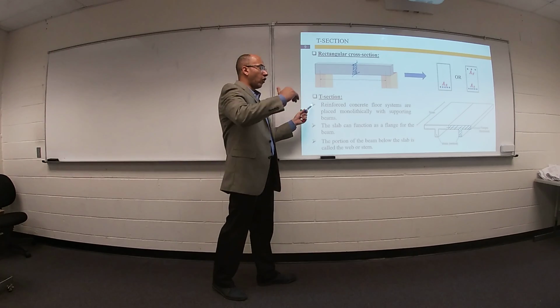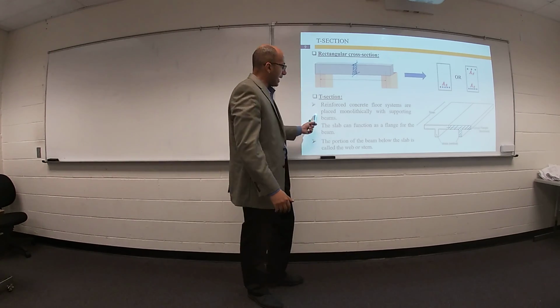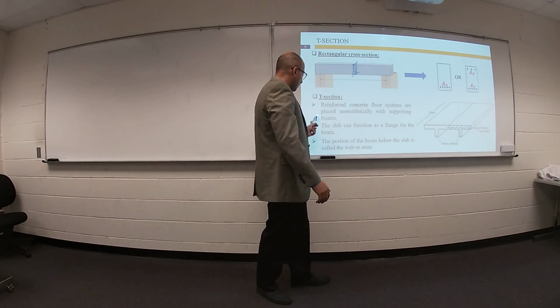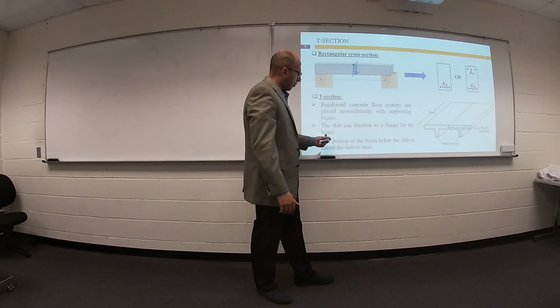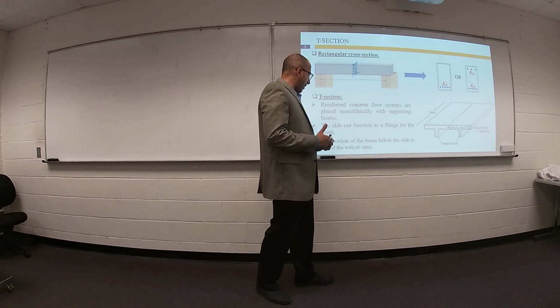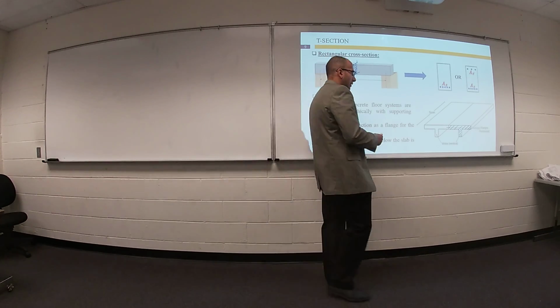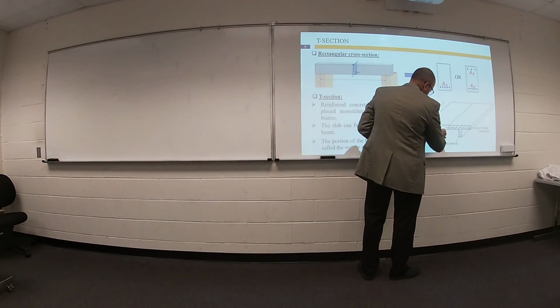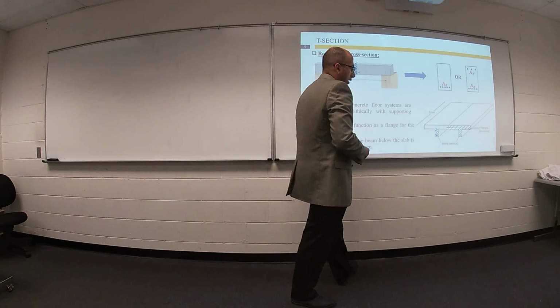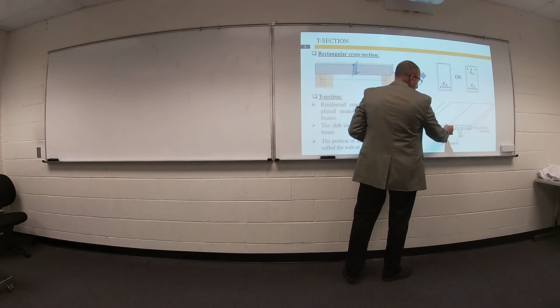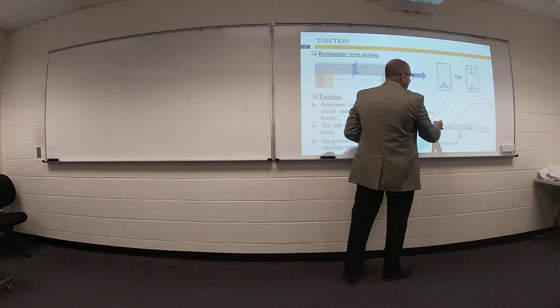Reinforced concrete floor or slab systems are placed with supporting beams. The slab can function as a flange for the beam. The portion of the beam below the slab is called the web. This part is called web. And this part is called flange.